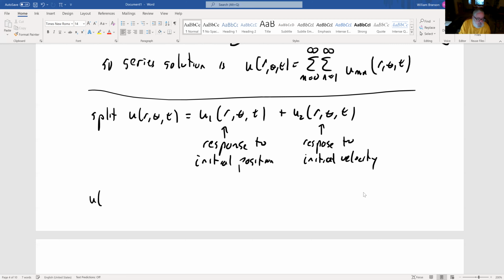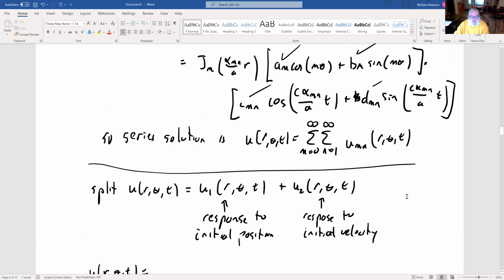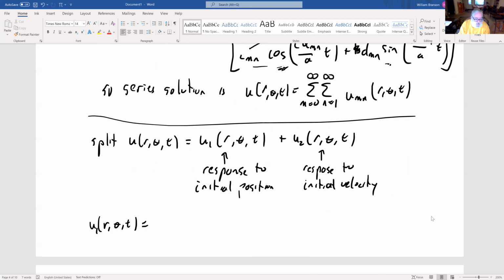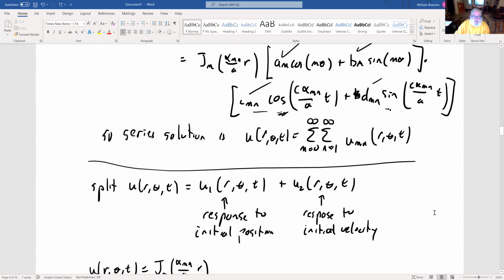So what is u1 of r, theta, t going to equal? That's the response to the initial position. Remember, the initial position is when t equals 0. And when t equals 0, these sine terms are all equal to 0. So you pick up these cosine terms here, but you don't pick up the sine terms. So u1 is this whole mess with just the cosine terms. So that's going to be Jm of alpha mn over A times r. That's our R part.